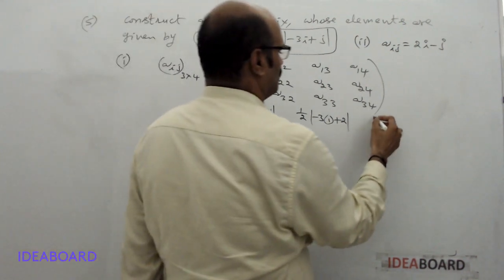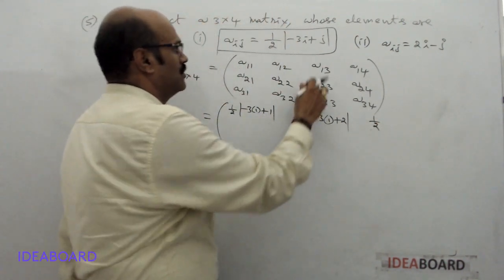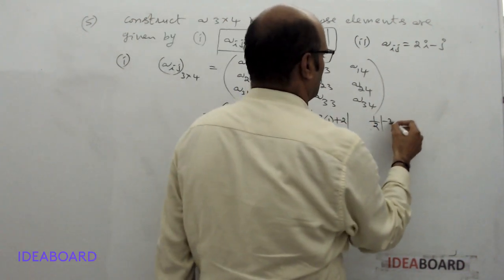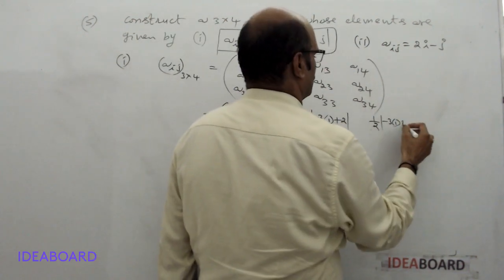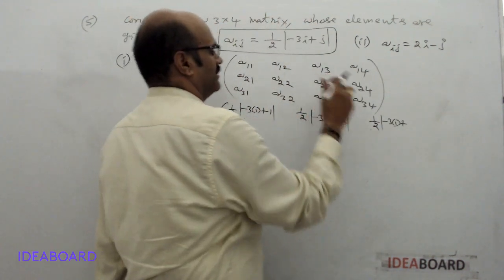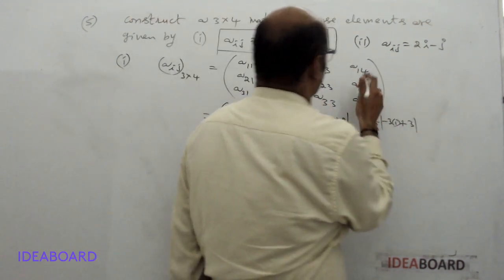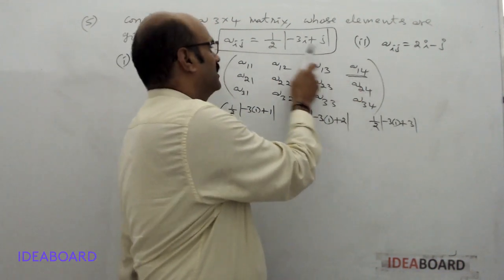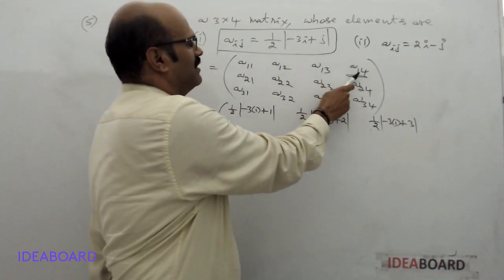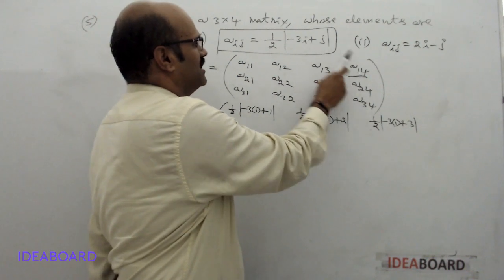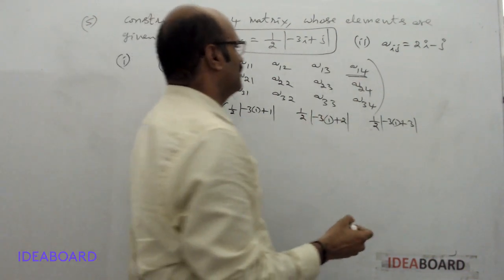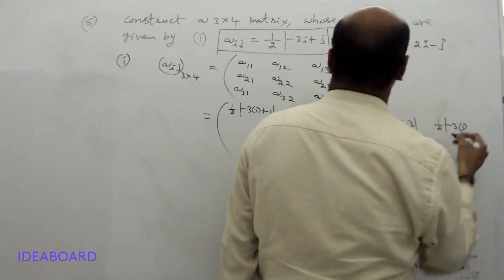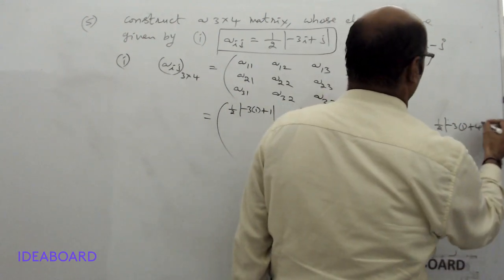Next, 1 by 2 into modulus of minus 3 into 1 plus 3. Next, A14, i equal to 1, j equal to 4. In the place of i take 1, in the place of j take 4. So it implies 1 by 2 into modulus of minus 3 into 1 plus 4.